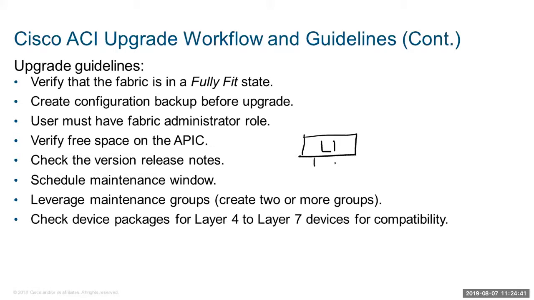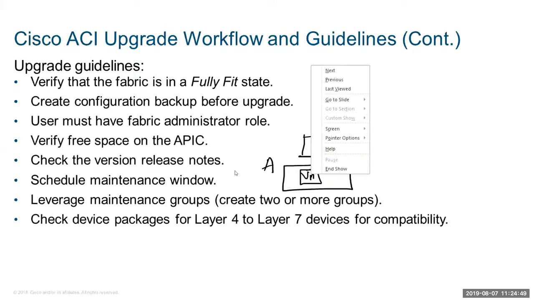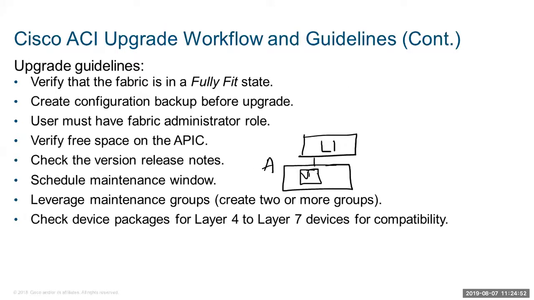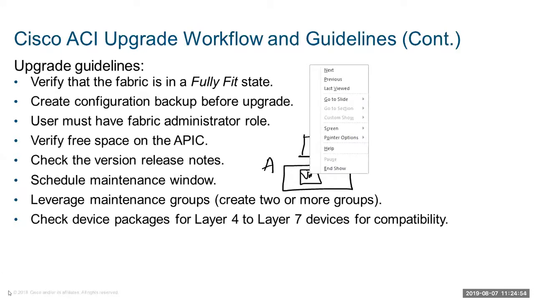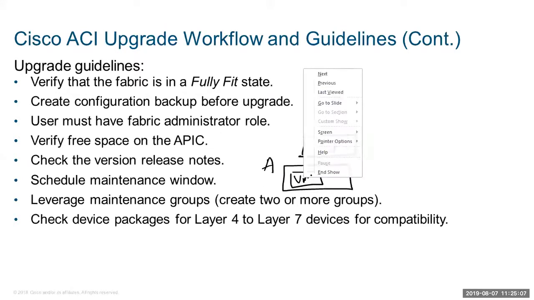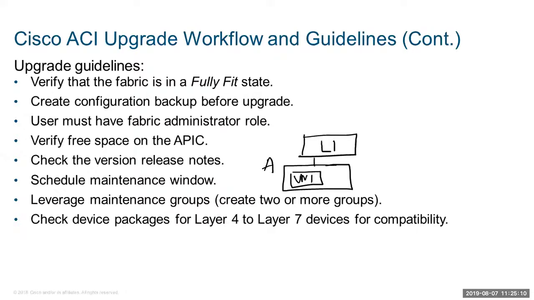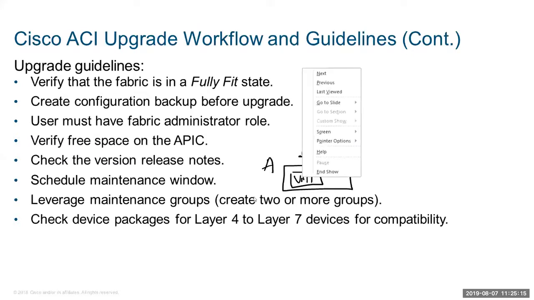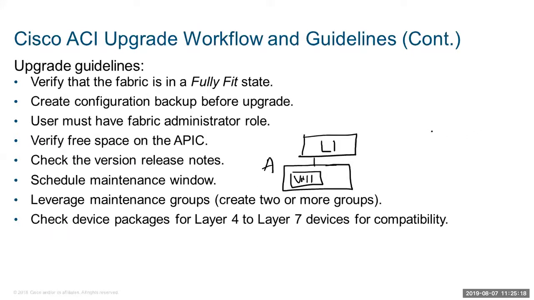Leaf 1 has host A, which has VM1. Can I vMotion VM1 from Leaf 1 to Leaf 3?